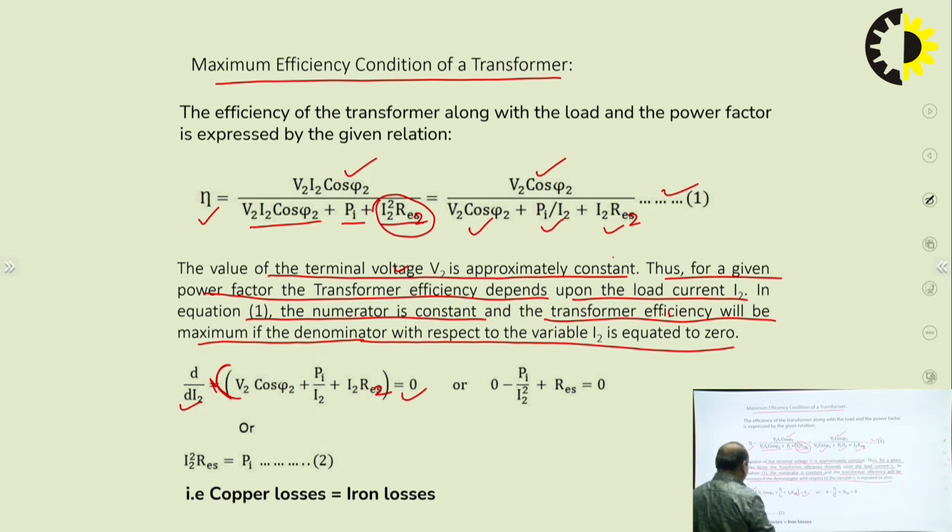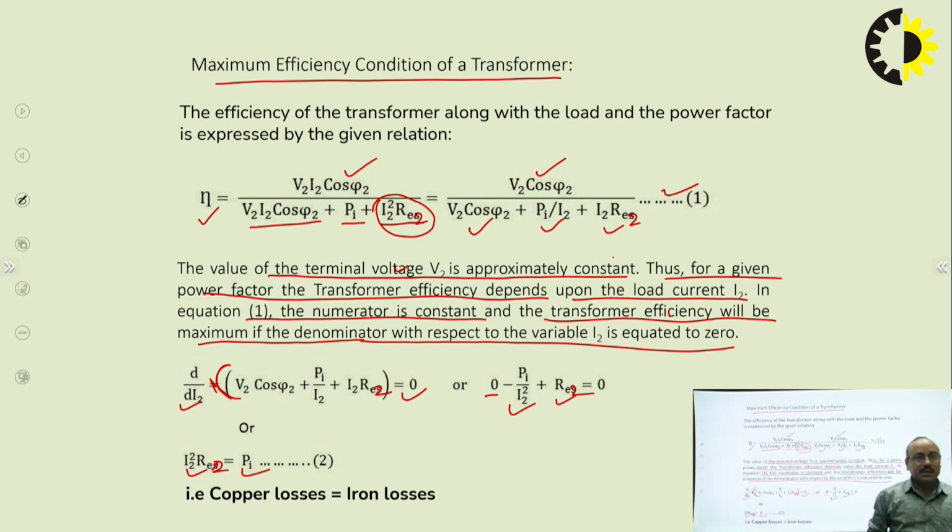After differentiation, we get 0 minus Pi upon I2 square plus RE2 equal to 0. From this, we get I2 square into RE2 equal to Pi, where I2 square into RE2 represents copper losses in the transformer, and Pi is core loss or iron loss.